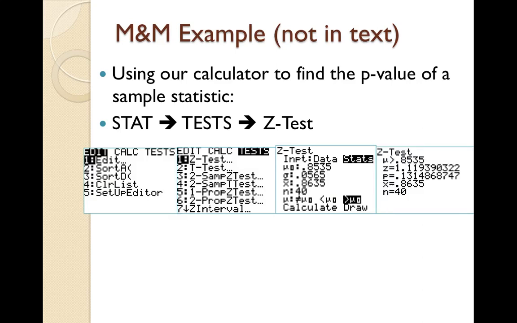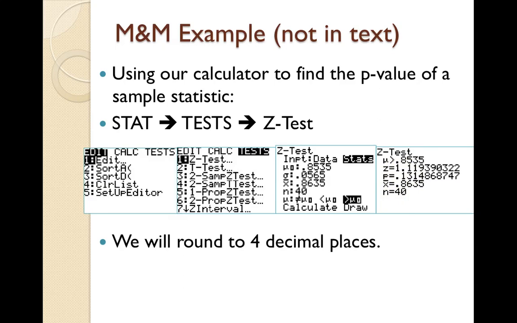And the values that you get: a z-score that's positive, which indicates that the sample statistic is on the right side of center. You get a p-value, when rounded to 4 places, of 0.1315. And then it's a repeat of what x bar and n are. So rounded to 4 places, 0.1315.